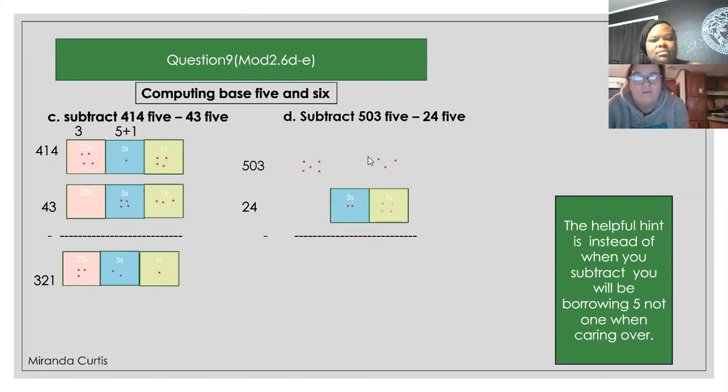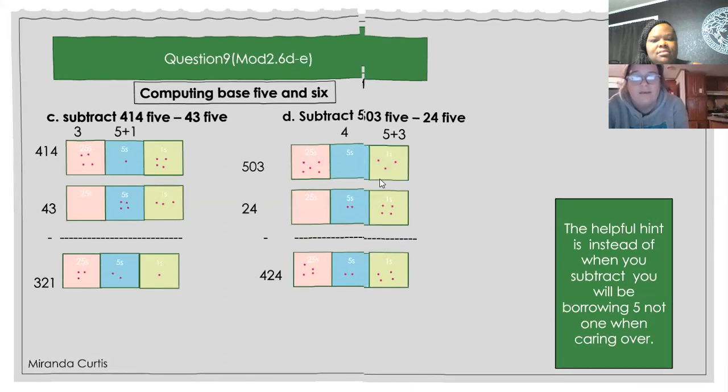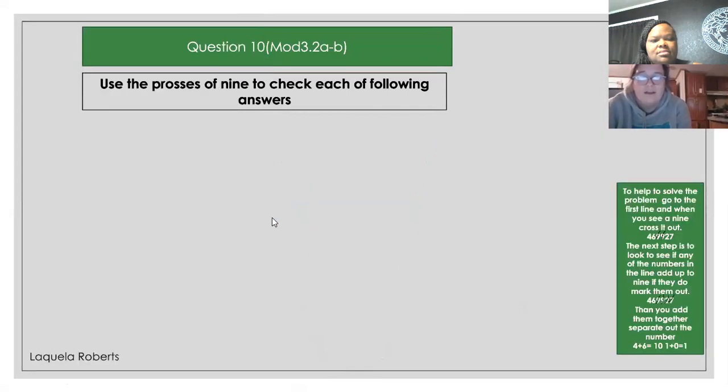Okay, so we're not going to have any in our 5s. Okay, in our 24s, on our bottom, we're going to have 2 in the 5s, 4 in the 1s. Okay, so we're going to do the same thing like we did with the other one. Okay, so right here we have a 5.